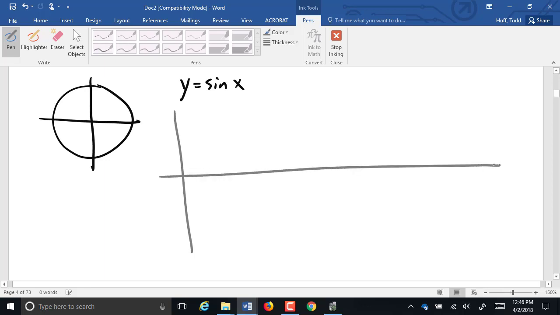What is the largest value of sine? Positive 1. What's the smallest value? Negative 1. So our graph on the y-axis, up and down, goes down to negative 1 and up to positive 1.